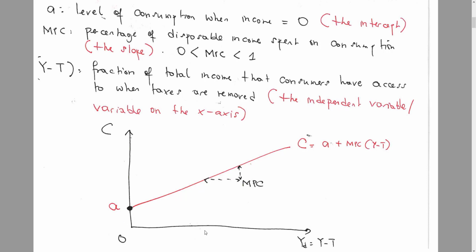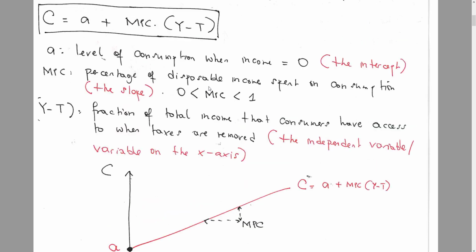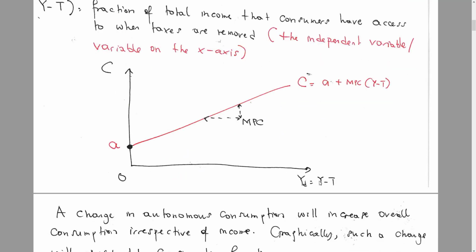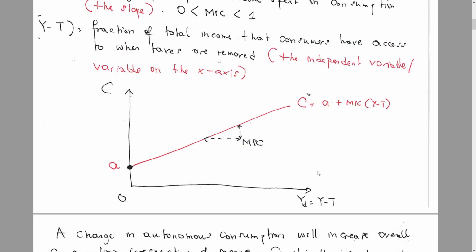So even if disposable income is 0, this is how much people are going to consume. The rate at which this line increases, in other words the slope, is the marginal propensity to consume. And as I told you earlier, it is between 0 and 1. Of course, on this x-axis we have disposable income, which is Y minus T. This is really what the consumption function is.